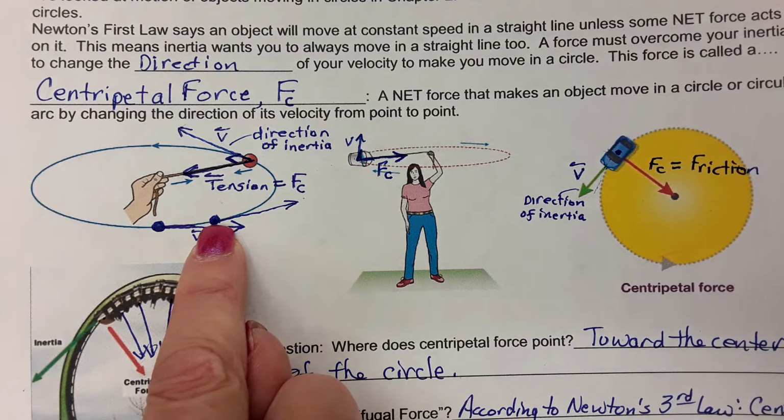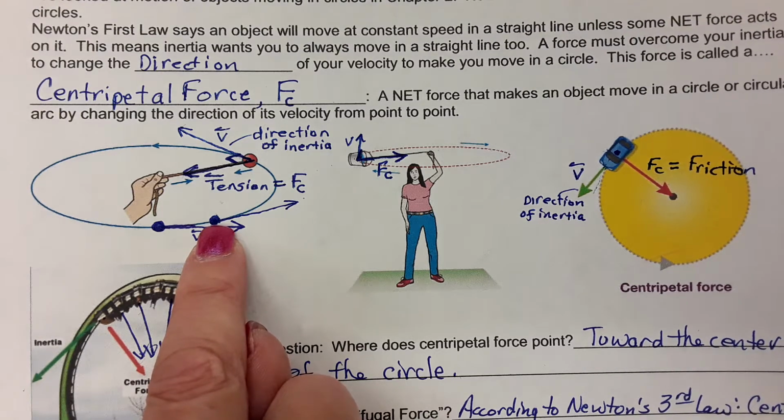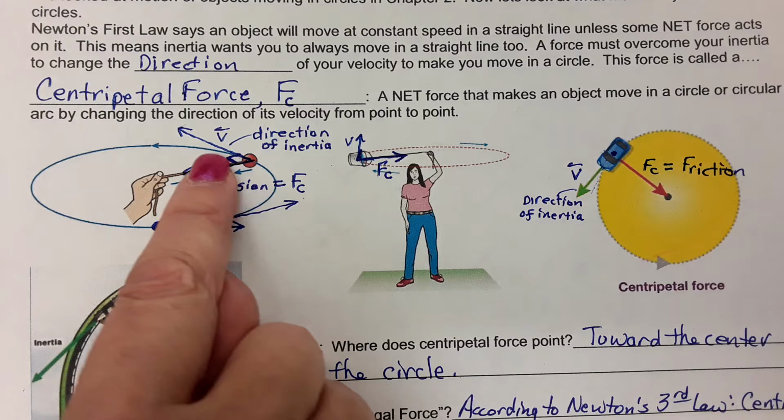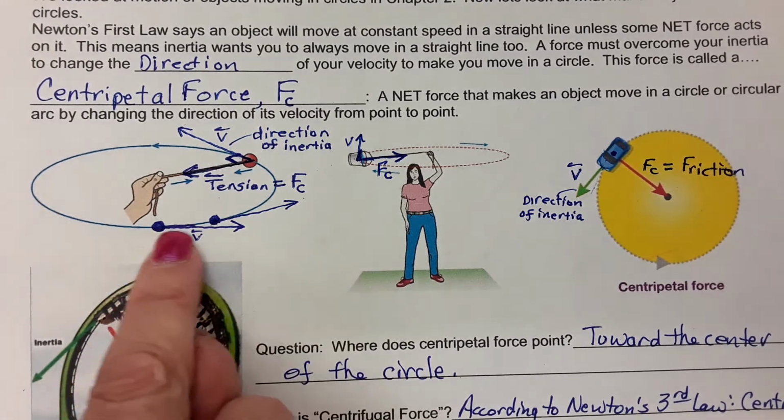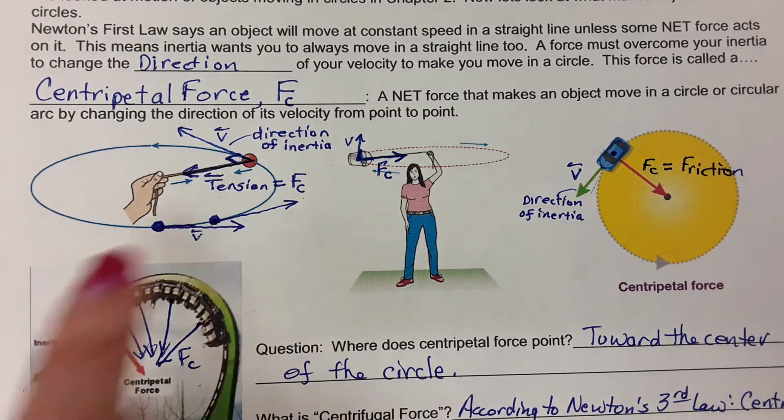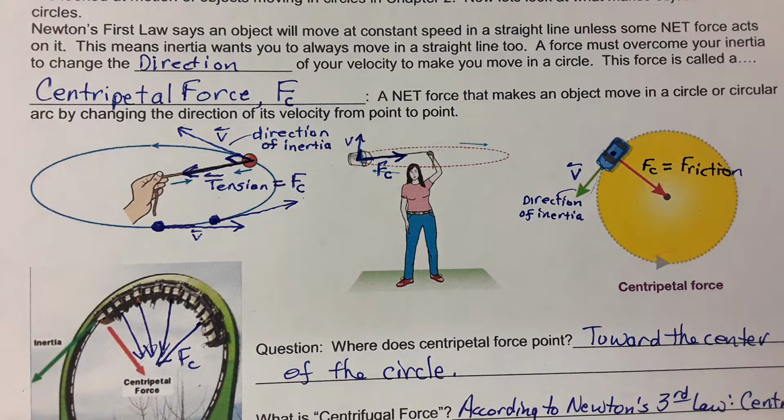So that means tangent. The inertia of the ball wants to follow that tangent at each point. It's trying to get the object to move in a straight line because that's what inertia wants you to do. Inertia wants objects to travel in a straight line at constant speed.